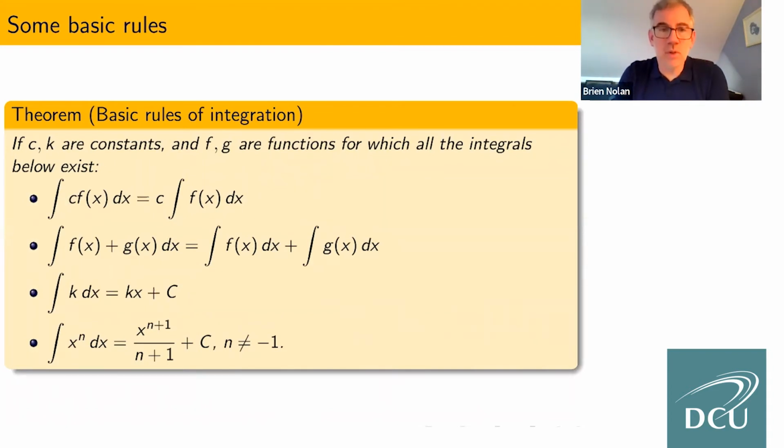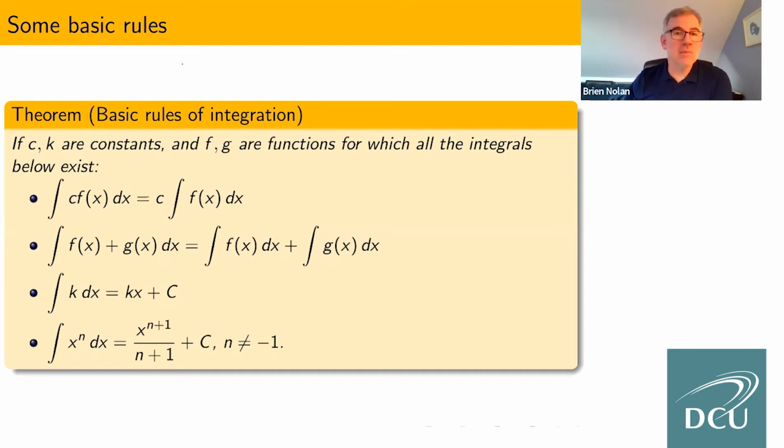Now to the basic rules of integration. And these rules, certainly the first two rules, really tell us that when it comes to integration, life couldn't be easier. What does this say? It says to find the indefinite integral of some constant number c multiplied by a function f, well, I can just pull out the number c and then do the integration. So in some sense, we ignore constants.